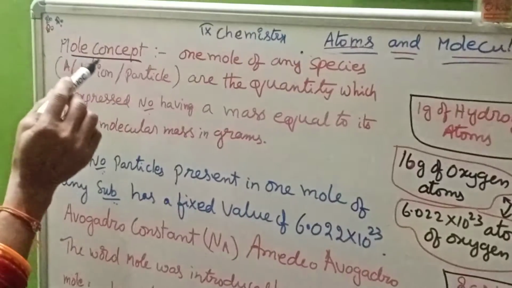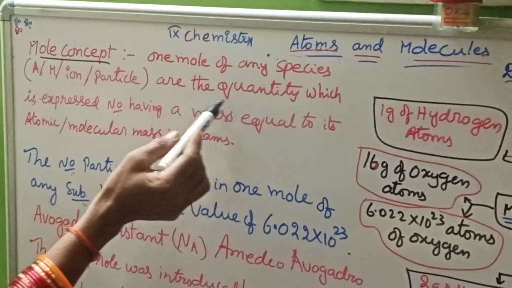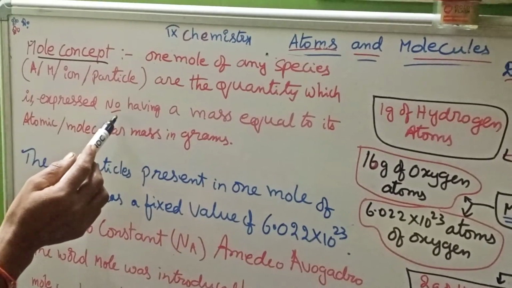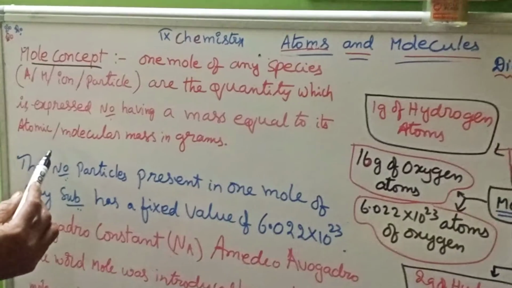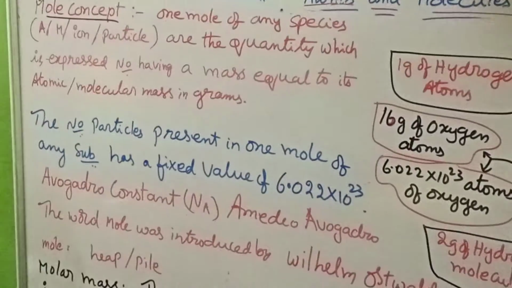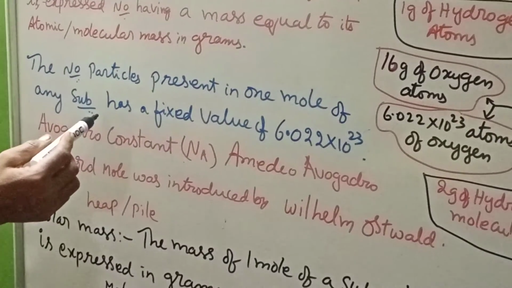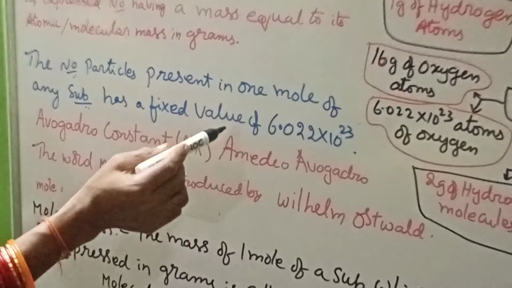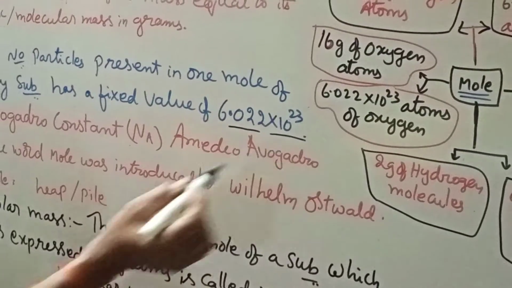So once again, mole concept is 1 mole of any species which has a mass equal to its atomic or molecular mass in grams. The number of particles present in 1 mole of any substance has a fixed value of 6.022 into 10 to the power 23.